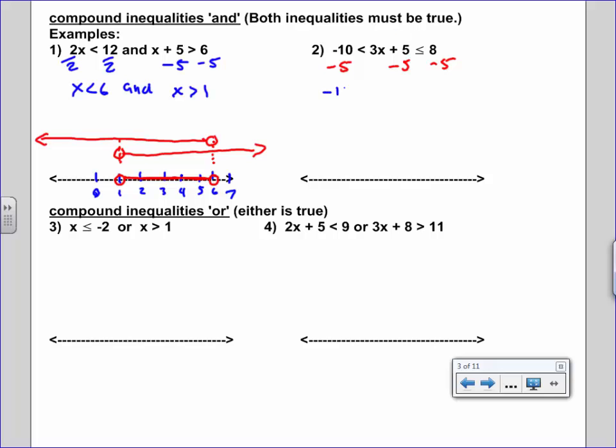So I now have negative 15 is less than 3x, which is less than or equal to 3. The next step, we just want to get x by itself in the middle. Divide by 3.